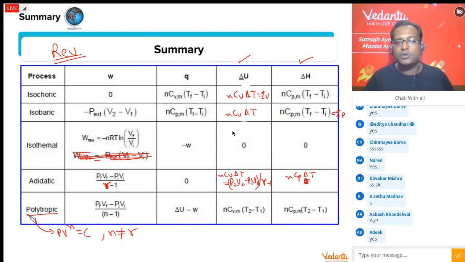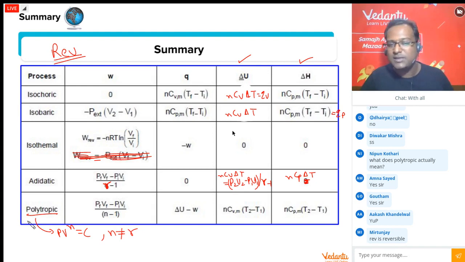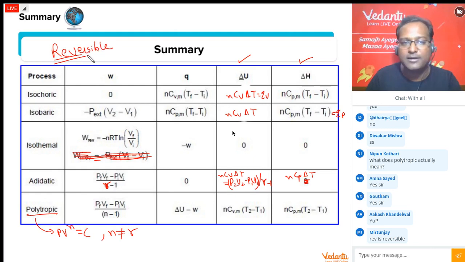Is this understood? Polytropic process is similar to adiabatic process, but n is not equal to gamma. What does polytropic actually mean? We'll not be going into the details of that. ये वैसे ही out of syllabus चीज है polytropic process. Yes, okay, cool. It looks like revision, isn't it?